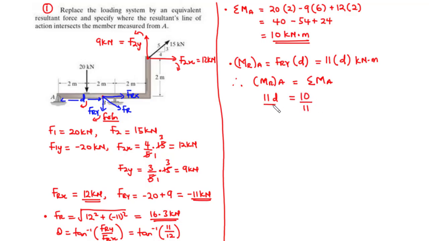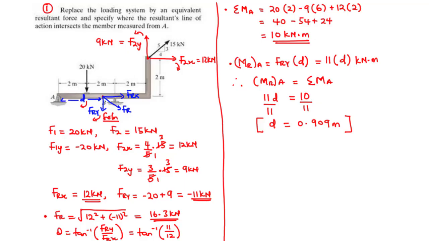Now we divide through by 11, and then we have D to be equal to 0.909 meters. So this happens to be the distance where the resultant force line of action intersects the member measured from A.